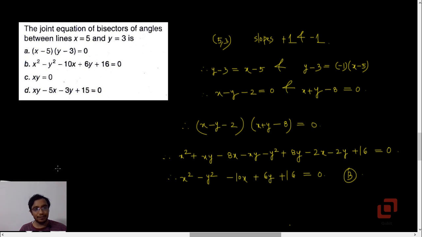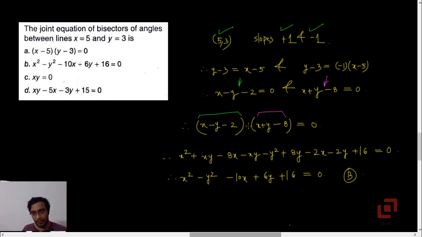Now I have actually done that for you. We have two lines passing through 5, 3 with slopes +1 and -1. So their equations will be y minus 3 equal to 1 into x minus 5, or x minus y minus 2 equal to 0. And the other line is y minus 3 equal to -1 into x minus 5, or x plus y minus 8 equal to 0.